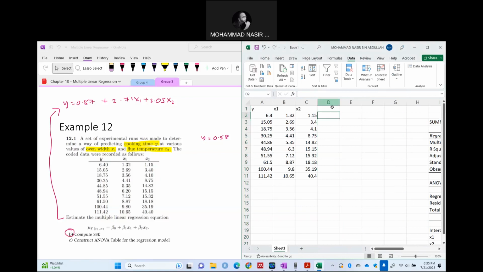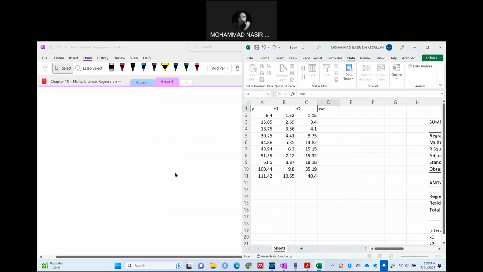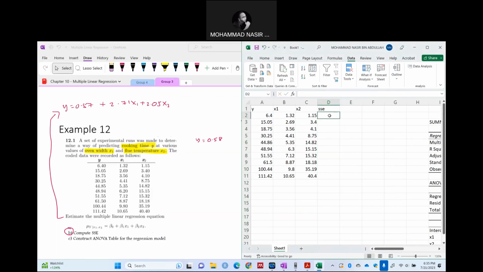So summation of SSE is summation of Y minus Y predicted. Right. So this one you input into the Excel. We need to find Y predicted first. Y hat.